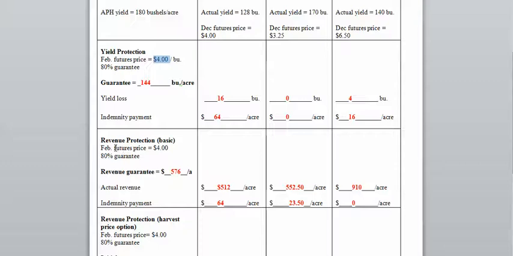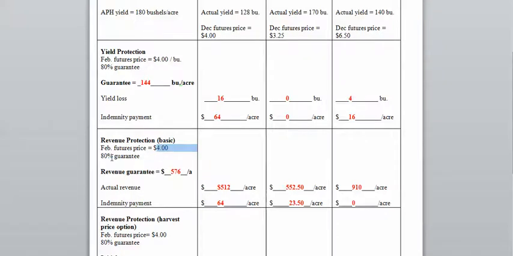Now, on the revenue protection example, we're not only going to get paid on a yield loss, but we're going to get paid on a loss of revenue. And we compute our revenue guarantee by taking the December futures price in February. The December futures price is $4 a bushel times our guarantee of 180 bushel per acre.